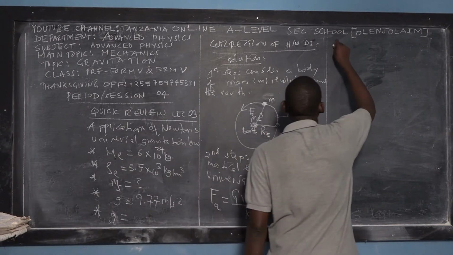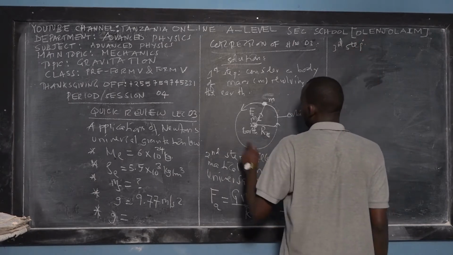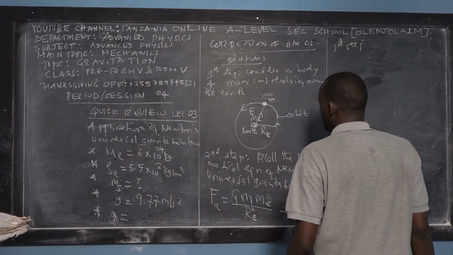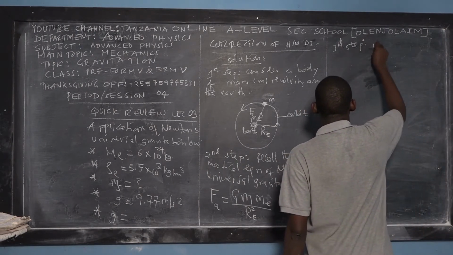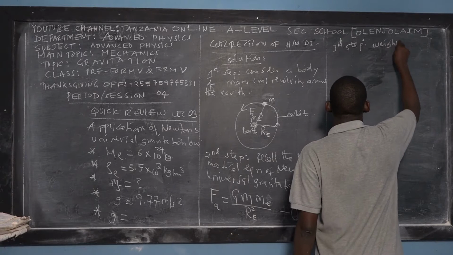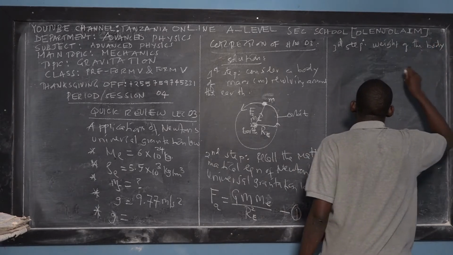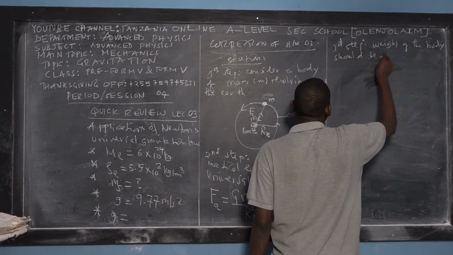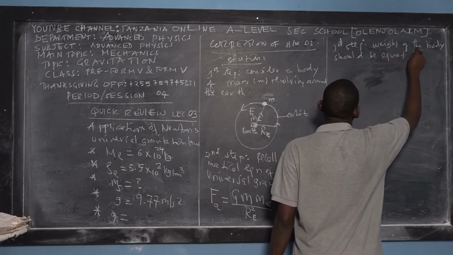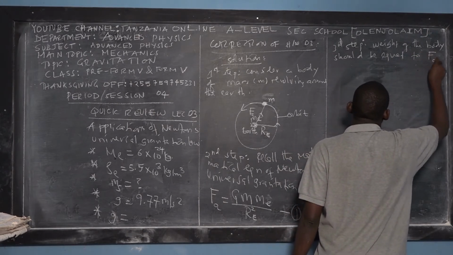For the second state, I told you that for this body to be in a constant path, the weight of the body, this body M, should be equal to the force of attraction.